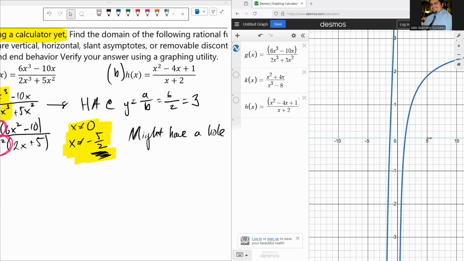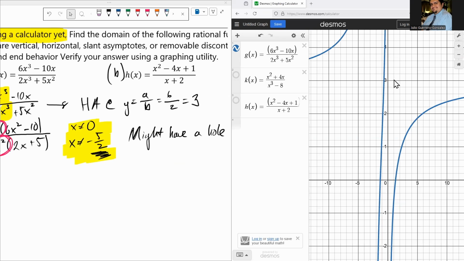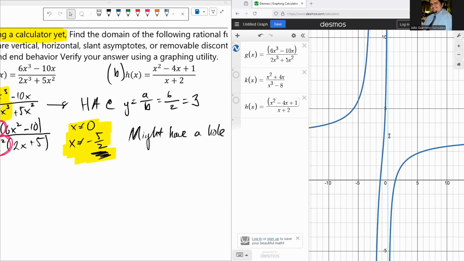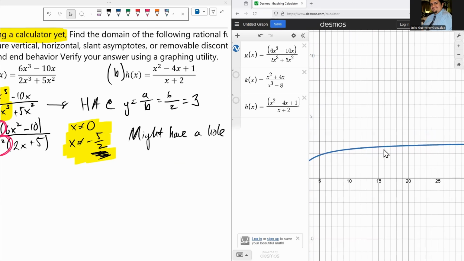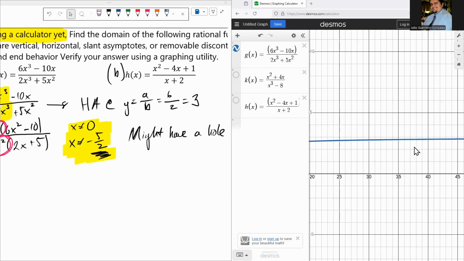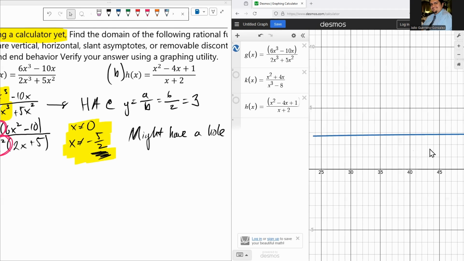Do you guys see that a little bit? There we go. So let me squish this down a little more. You guys see the y equals 3 line right there. And if we just keep going that way, you guys see that the function gets closer and closer and closer to that line, but never crosses it. So our horizontal asymptote is good.